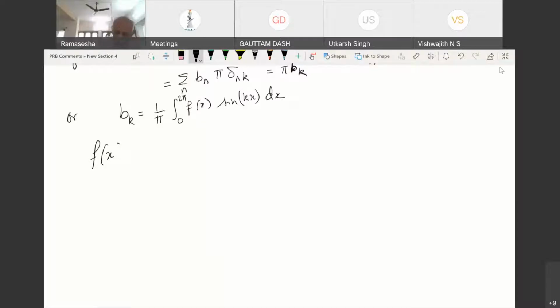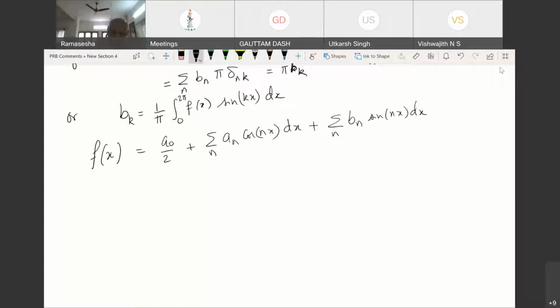So basically, this is undergraduate algebra, very simple to get the coefficients. So I showed you that a naught is equal to 1 by pi integral 0 to 2 pi f of x dx, an is 1 upon pi integral 0 to 2 pi f of x cosine nx dx, and bn is 1 upon pi integral 0 to 2 pi f of x sine nx dx.